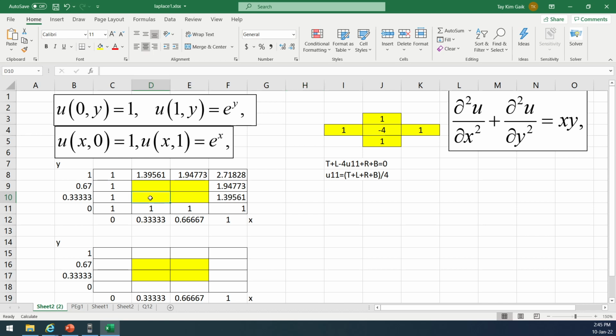Then you need to solve u11, u21, u31, sorry, u12, because level 2, this is u22.